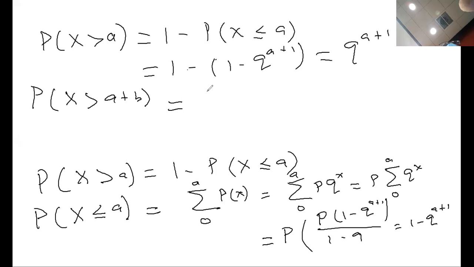Jacob, say something. This is x greater than a. What will be p of x greater than b? This is greater than a. So a can be anything, right? And we say a can be anything. Okay, so what is p of x greater than a plus b?